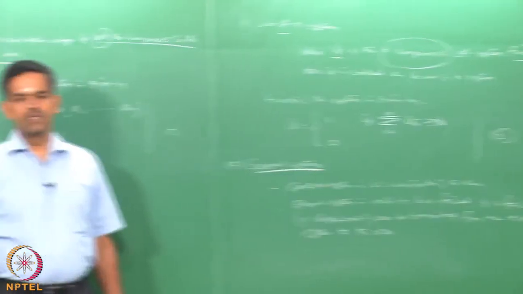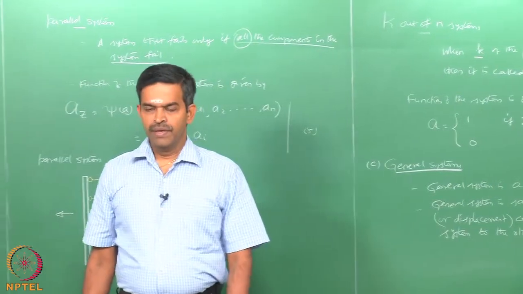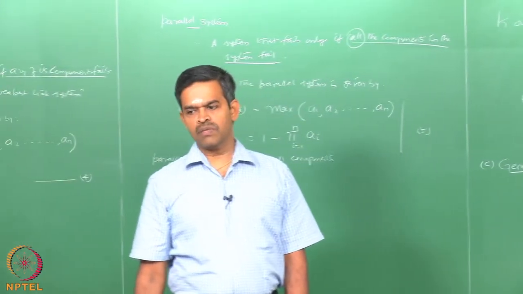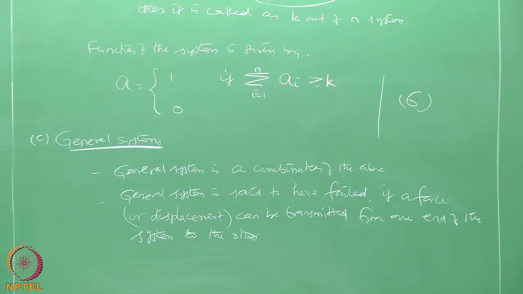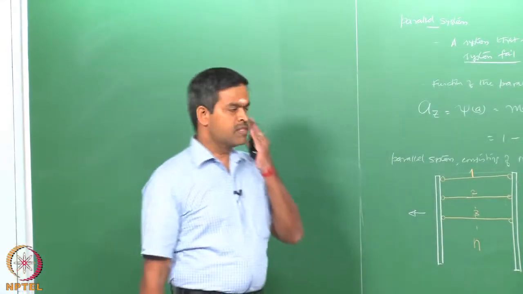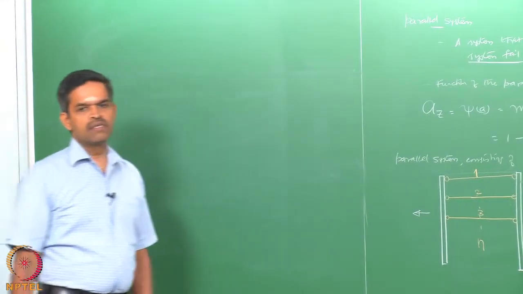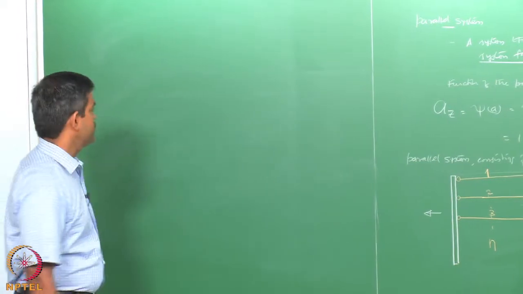Now, to analyze the general systems, it is useful to introduce the concepts of cut sets and path sets. Let us typically draw a general system which is a combination of series and parallel systems.